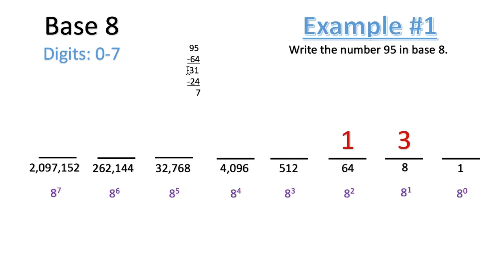We subtract, we now find out we're 7 away, and we're going to use 7 1 blocks. So the number 95 in base 8 we would write as 137. And that would imply 1 64, 3 8s, and 7 1s. So that's going from base 10 to a different base.